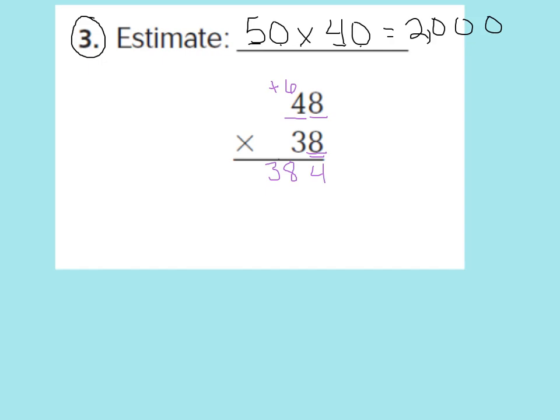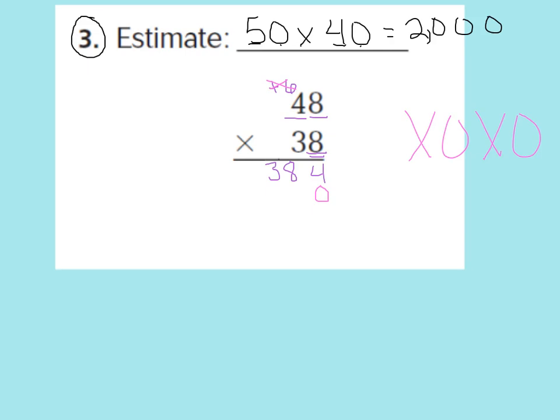Now, I have multiplied my ones place by every one up top. Now I need to come and multiply my tens place by both values up top. But before I do that, I need to do my hugs and my kisses strategy. Remember in class we talked about our hugs and our kisses? We need to drop down a hug and kiss away that regrouped 6.